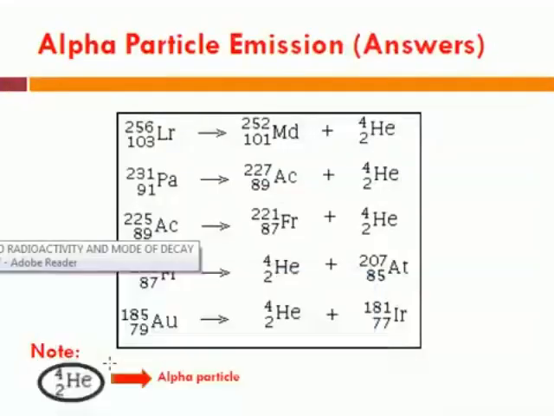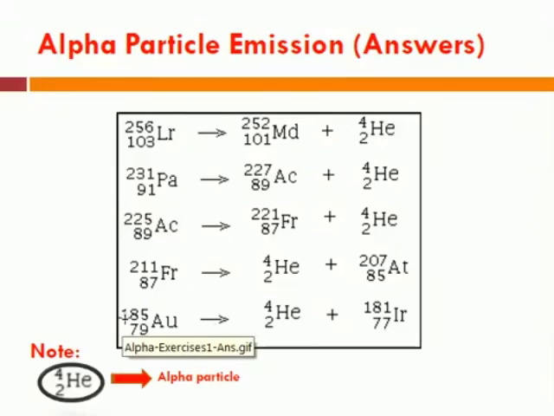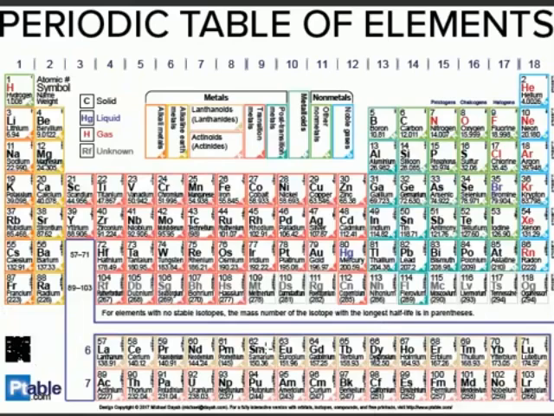The periodic table of elements can be found on your Canvas. So here, number 5, the last number for the alpha particle emission example. We have 185 minus 4, so that is 181. 79 minus 2, so we have 77.